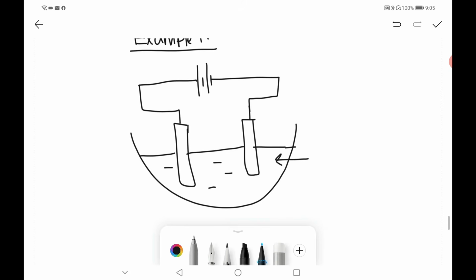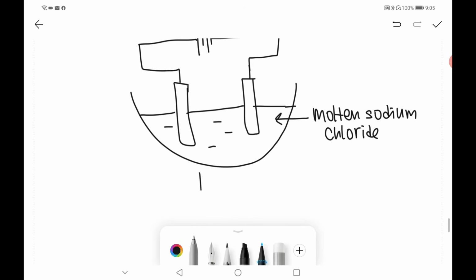Our electrolyte is molten sodium chloride. After that, we need to heat the substance to melt it. So this is the first example.